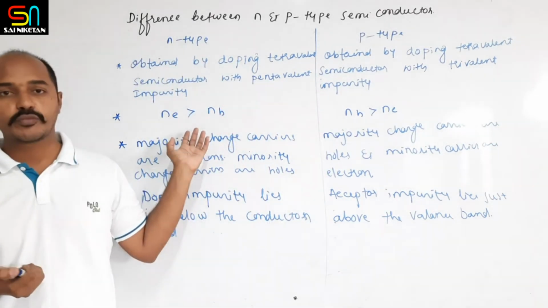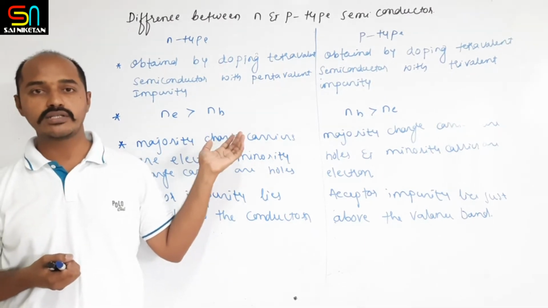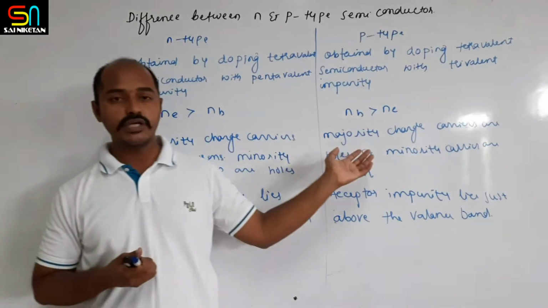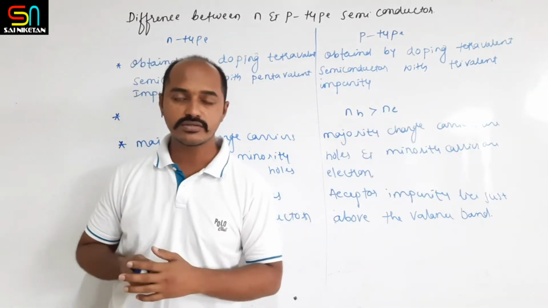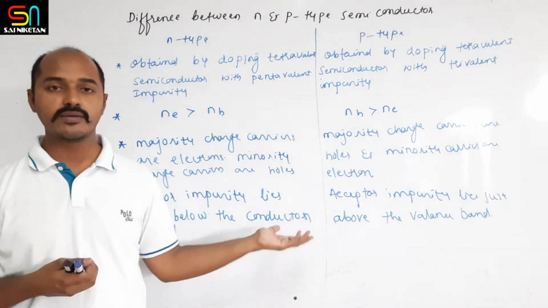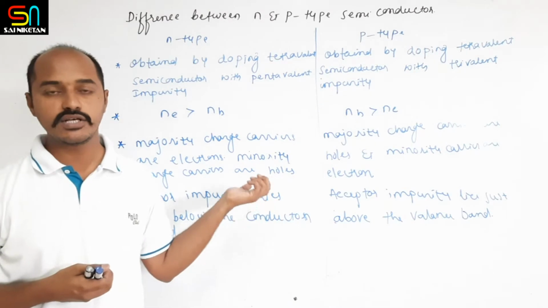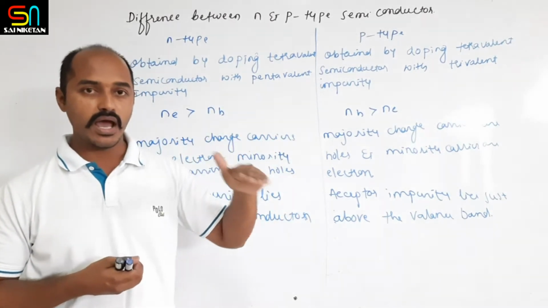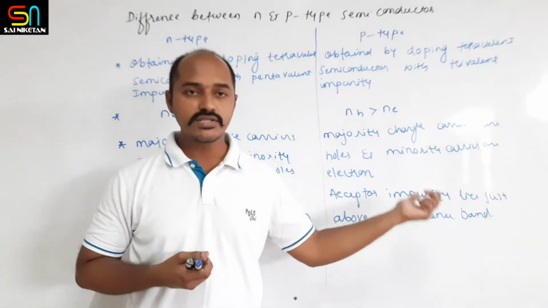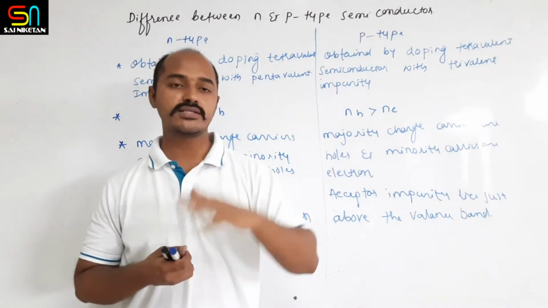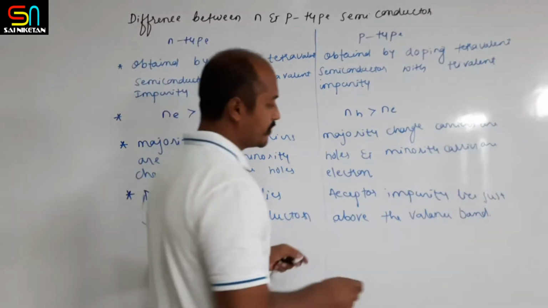In the n-type the majority charge carriers are electrons and minority charge carriers are holes, and in the p-type majority charge carriers are the holes and minority charge carriers are the electrons. And talking about the energy level, the donor impurity lies just below the conduction band, and here the acceptor impurity lies just above the valence band. So this is regarding the difference between p-type and n-type semiconductor.